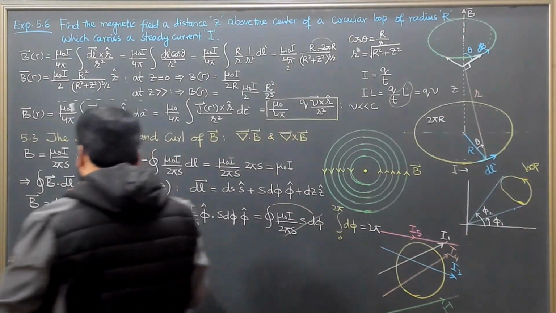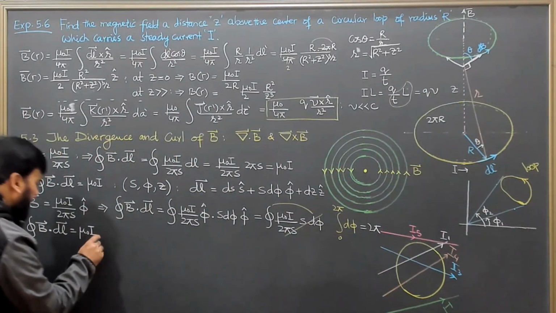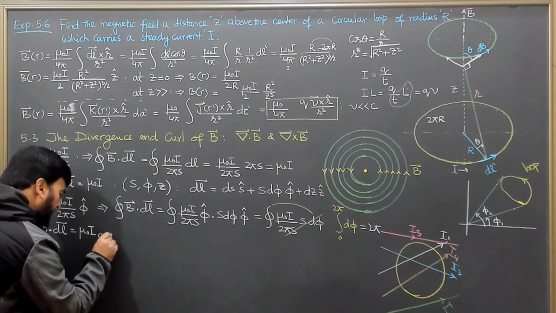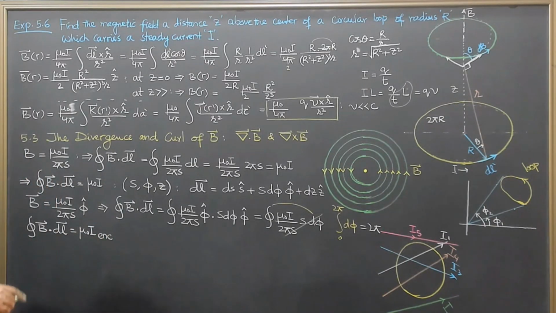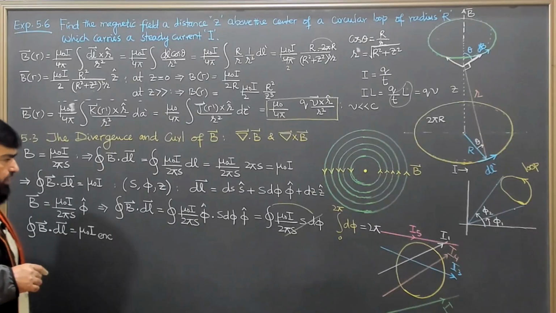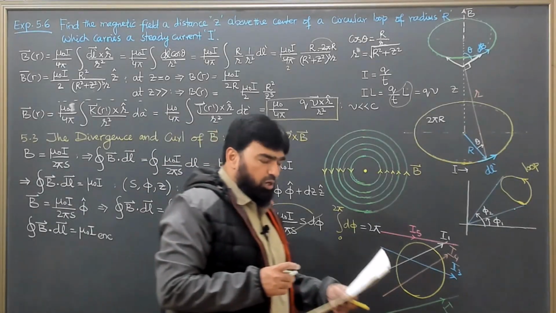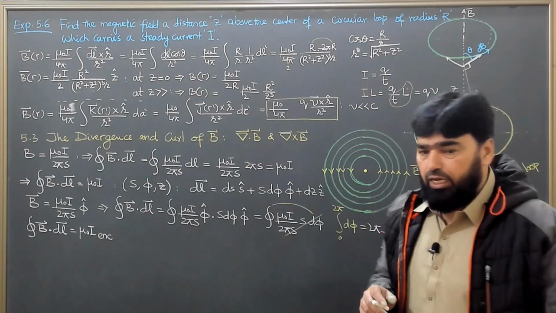I will write B dot dl is the current enclosed. All the enclosed current will contribute to the magnetic field. So B dot dl will be equal to mu naught I enclosed.